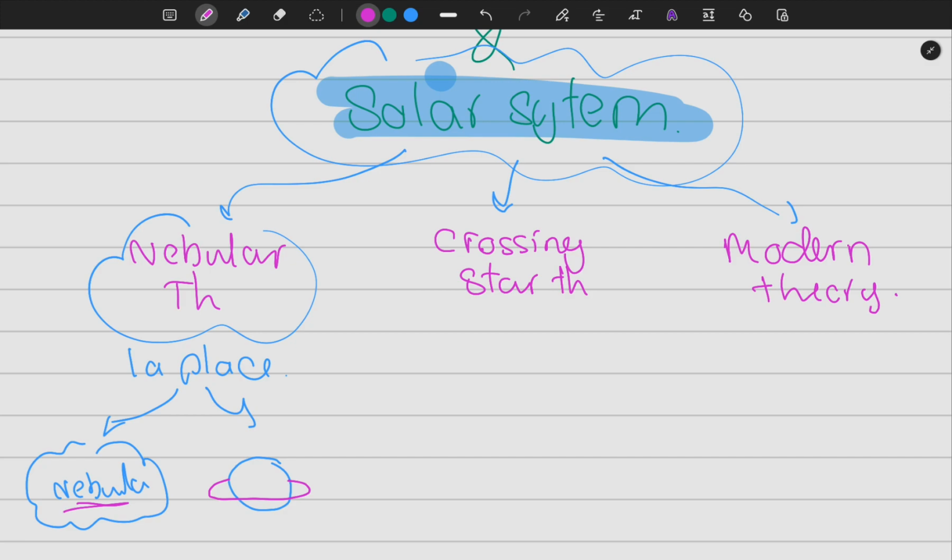Number two, space contains many cloudy rings surrounding some planets, such as the rings of Saturn. These observations led him to create his own theory about the solar system.